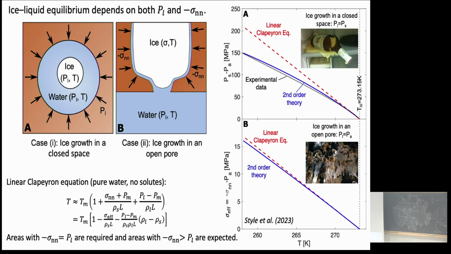And we get this version of the Clapeyron equation, which importantly has a much shallower slope on this type of a plot than this slope here. And again, the second order theory is down there. But the main point is that the effective stress in what we'll say is an open system, an open pore, can get up to substantial values at cold temperatures, but nothing like what broke this bottle over here.